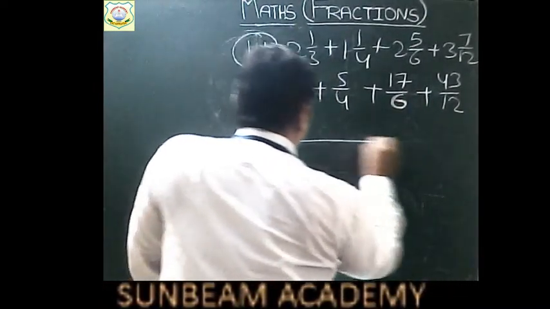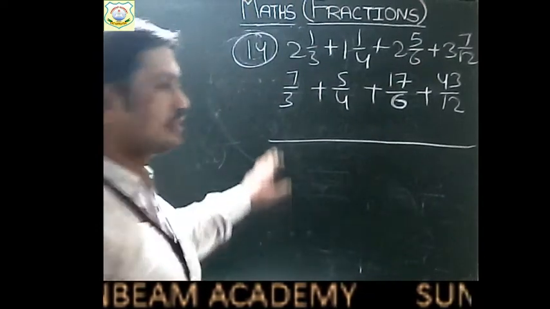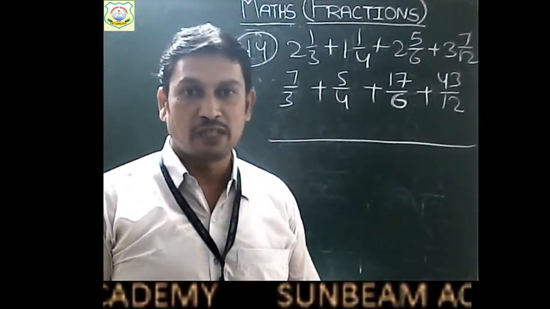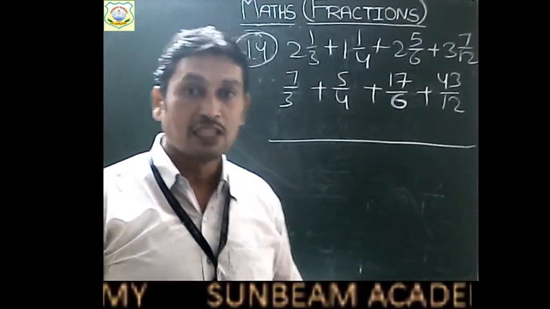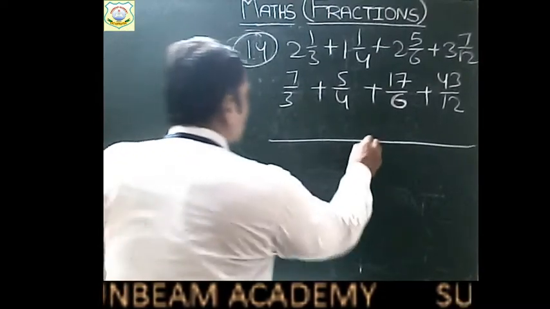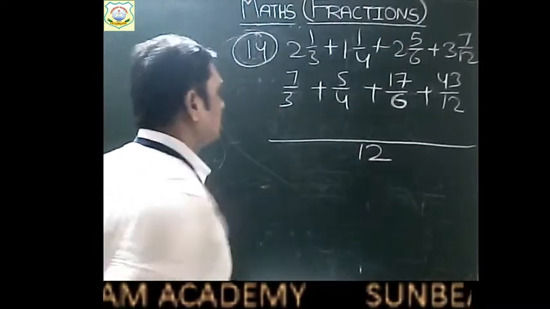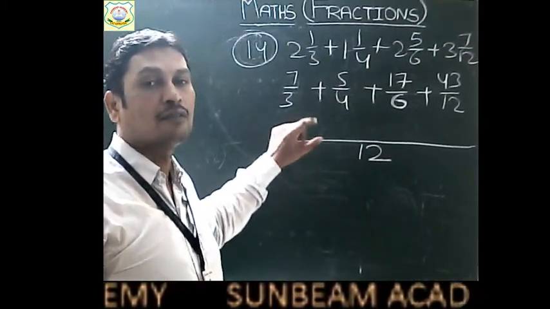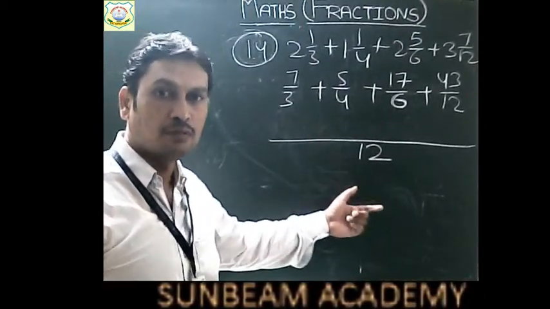In the next step, children, we will find the LCM of 3, 4, 6 and 12. And the LCM of 3, 4, 6 and 12 is 12 itself. Okay, because 12 is divisible by all of these 4 numbers. So write the denominator as 12. Now, children, we will divide the LCM by the denominator and multiply the numerator with the quotient.